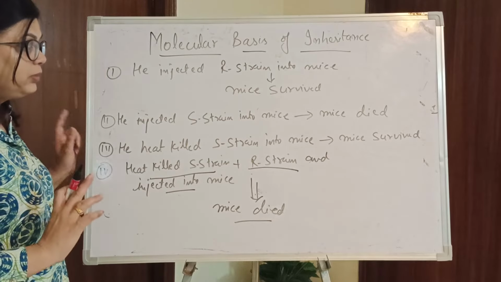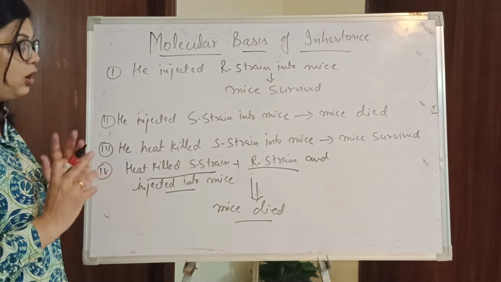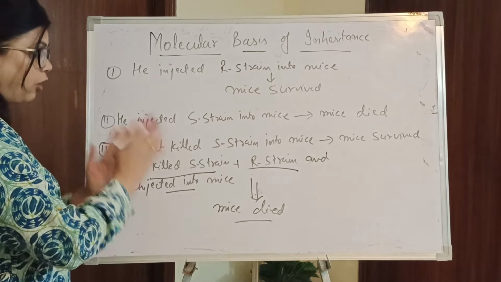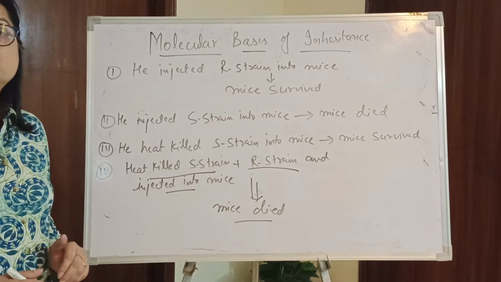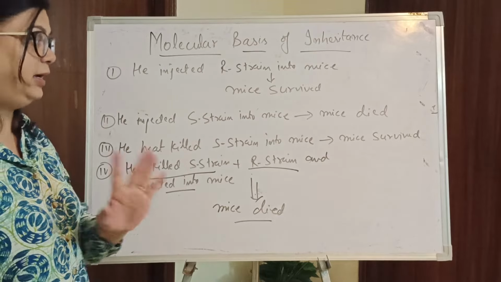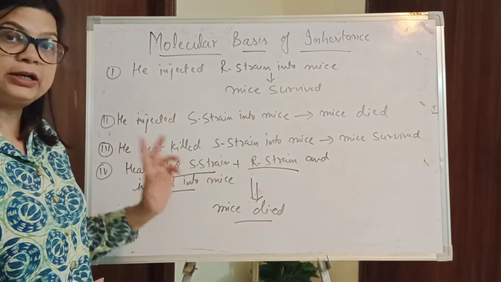That means something from the heat-killed S strain transformed the R strain into virulent. So the mice died. That's why this is called the transforming experiment.